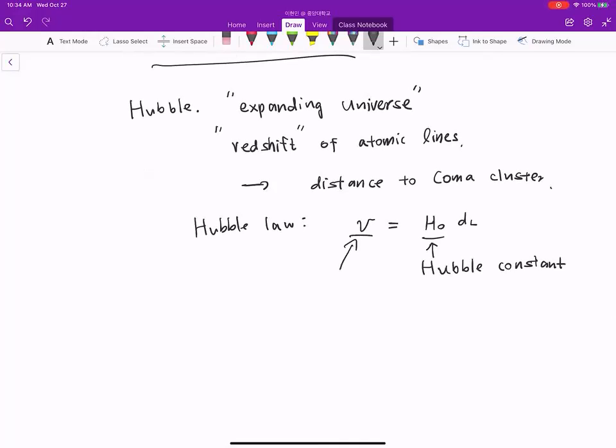So you know the Doppler effect, the Doppler shift. The red shift is a kind of Doppler shift. You can measure the velocity, and then this L, the distance, you can measure from the luminosity.